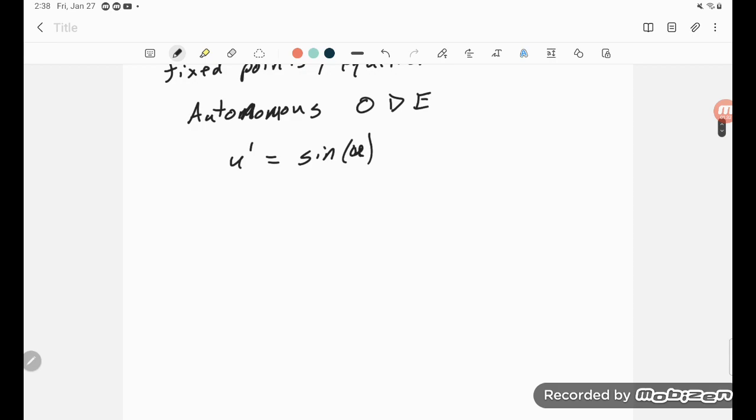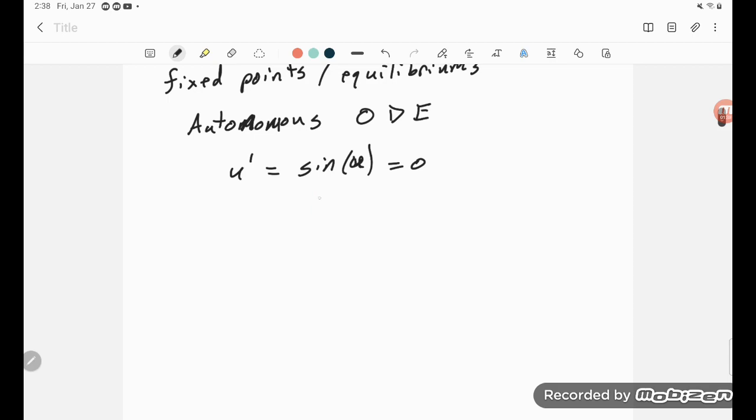Because if I set this equal to 0 and look for those equilibriums, then I know that this is at 0, but also at pi, 2 pi, 3 pi, negative pi for that matter, and so forth and so on. So the way we would tend to write this is u equals k times pi.